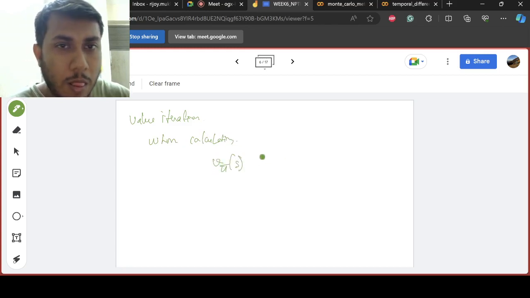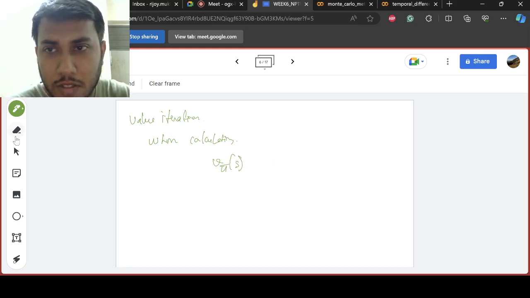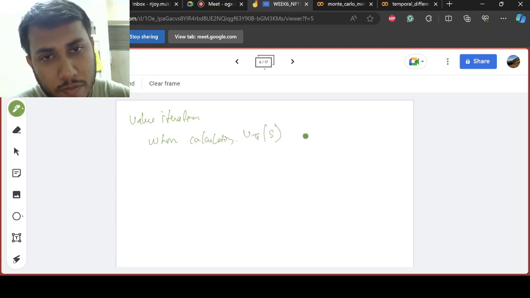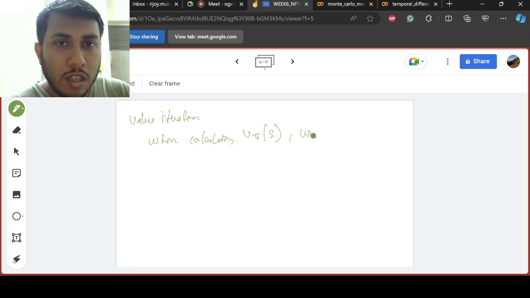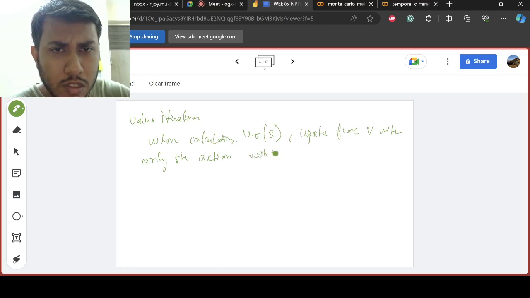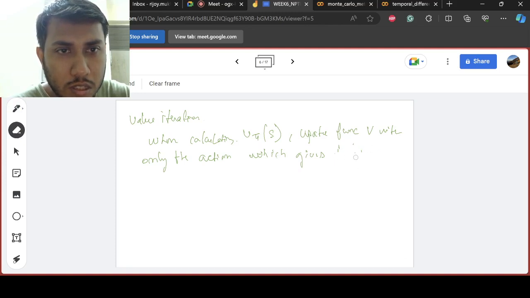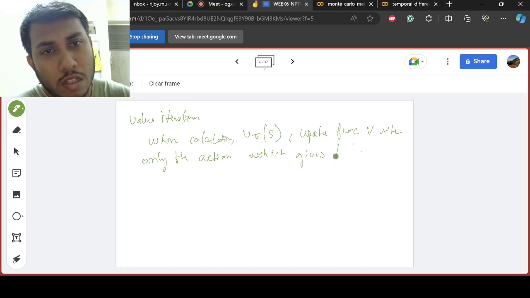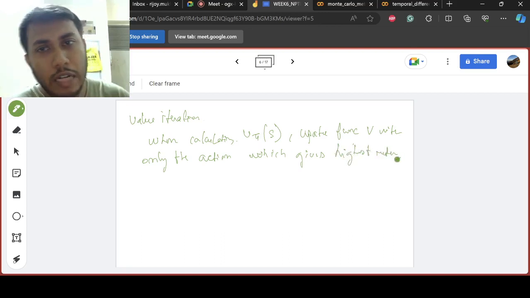While calculating V pi S, you update the function V with only the action which gives the best, the highest return, right?